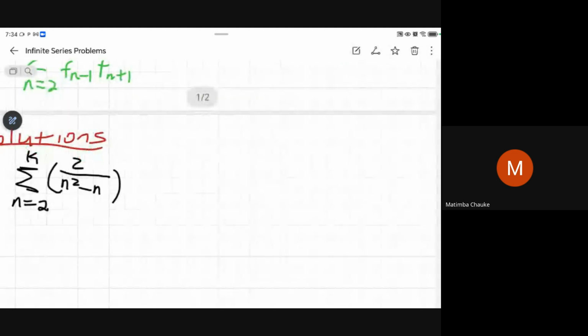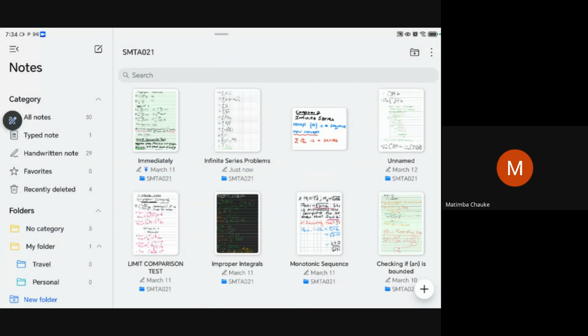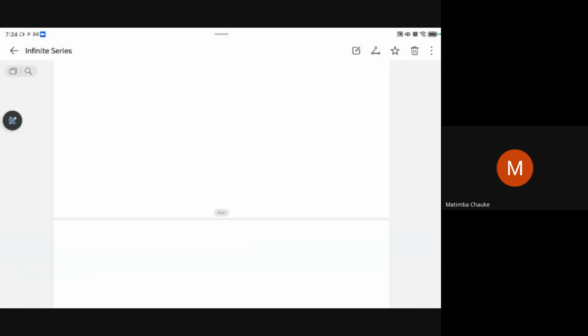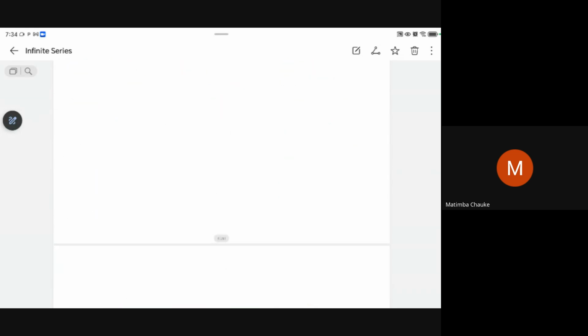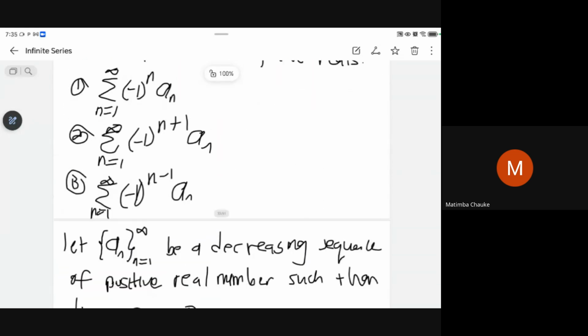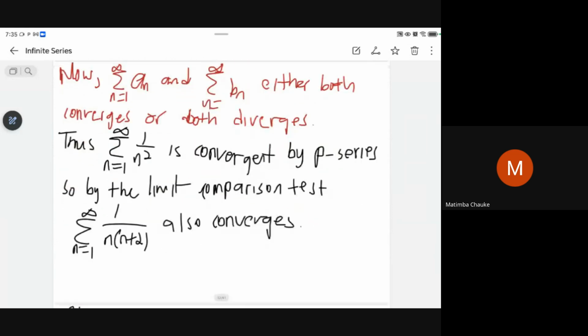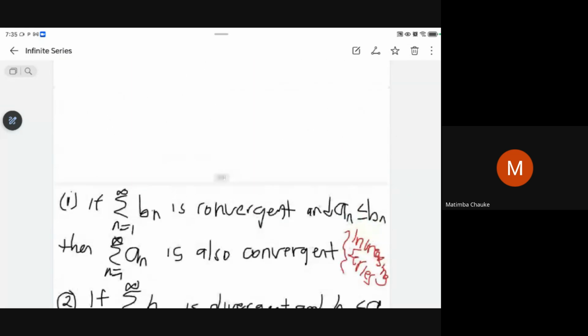So I want us to go back to the slides of yesterday. I want to show you something. If you go back to the slides, we're gonna go to the telescoping test, right? If we are on telescoping, is the alternative for it limit comparison?